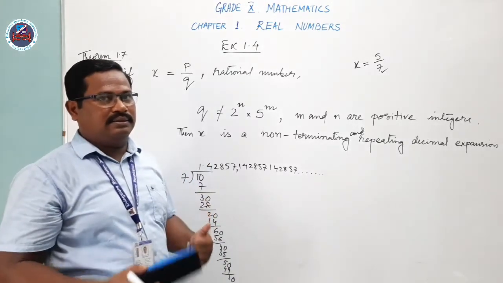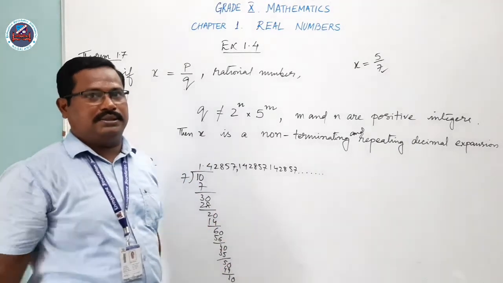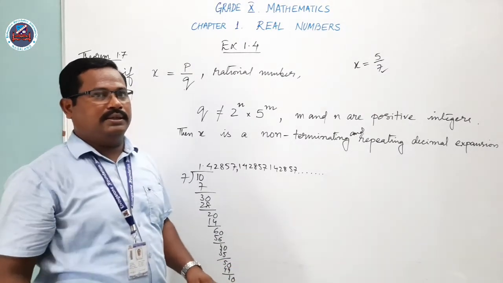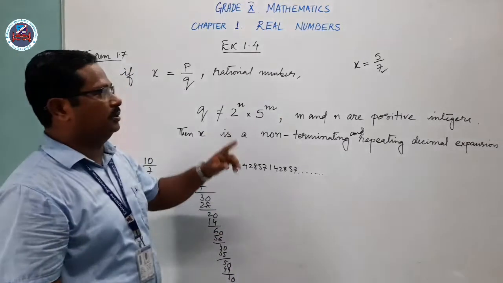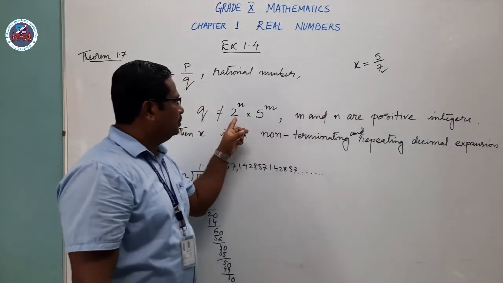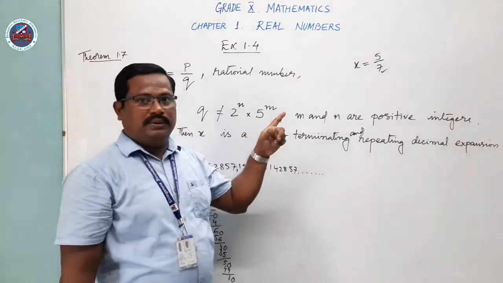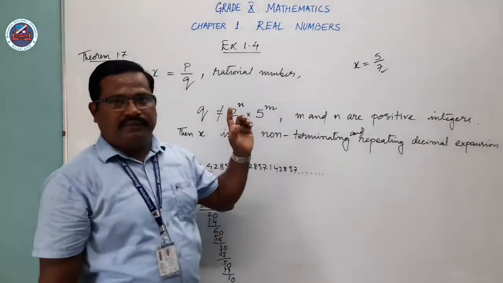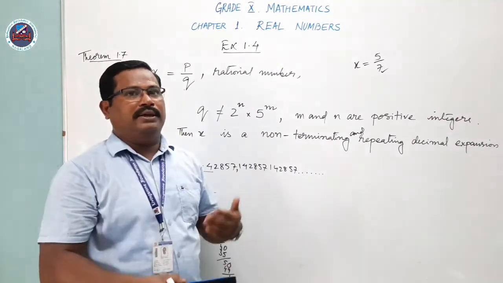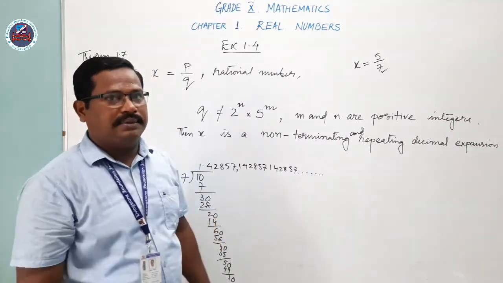If you can write, that means it terminates when you divide it. You don't have to divide manually, you just know by looking at the denominator. And if it cannot be written in this form, with prime factors 2 and 5, then we should know that it is a non-terminating and recurring decimal expansion.